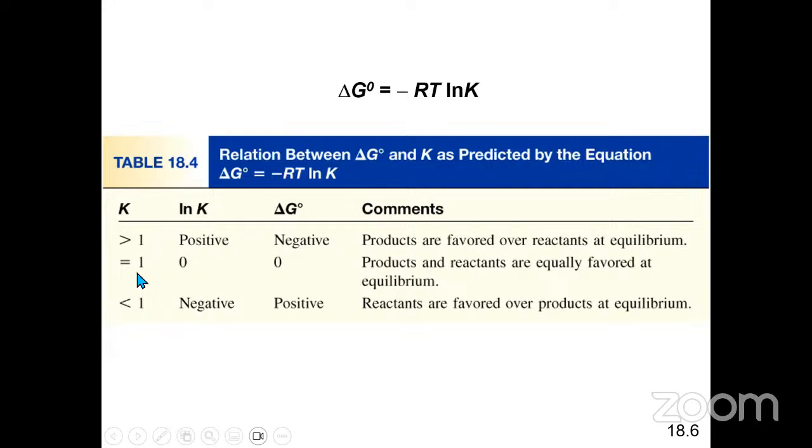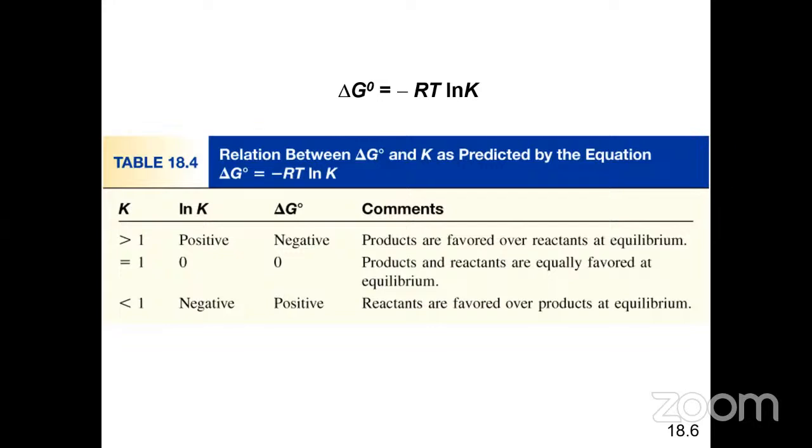If the equilibrium constant is equal to 1, that means that ln K is 0, and that means that delta G is 0. And what that means basically is that at this point, for a reaction, both products and reactants will be equally favored at equilibrium. And then finally, if K is less than 1, that means that ln K would be negative, which means that delta G will be positive, which means that at equilibrium, the reactants will be favored over the products, all right?